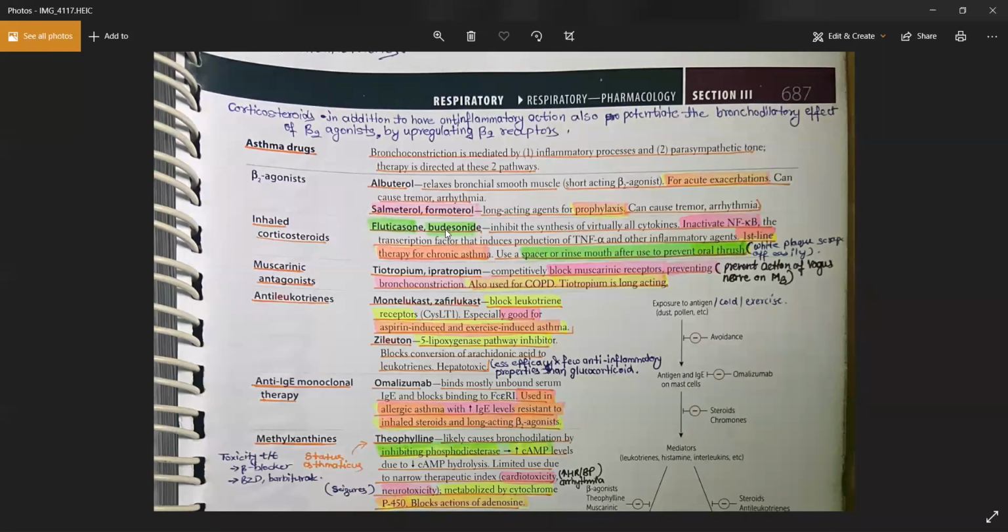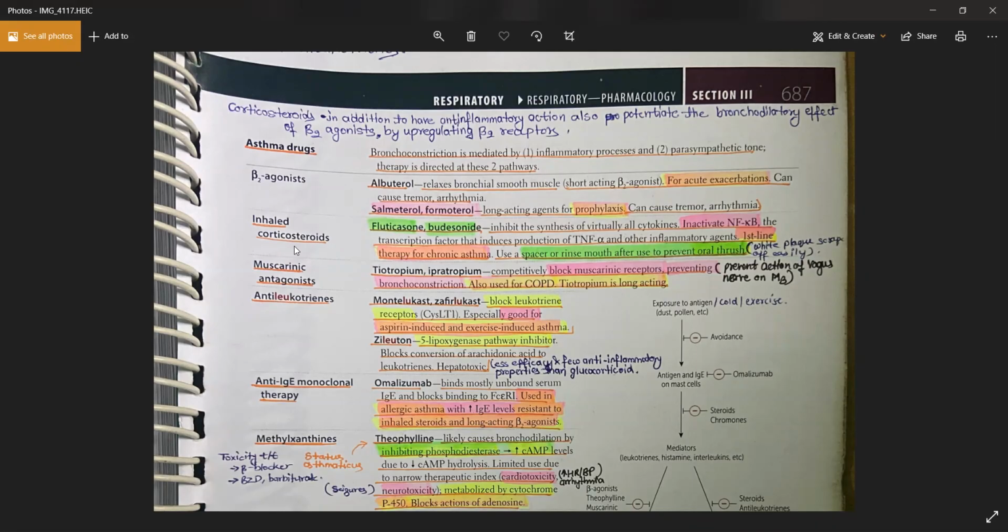We have to be very careful while using these drugs because they suppress your immunity, mainly in the oral area. They will cause lymphocytic and neutrophil dysfunction, mainly lymphocytic. So they can cause the growth of candida in your mouth, known as oral thrush. While using these drugs, you have to do gargles, use a spacer, and drink a lot of water afterwards.